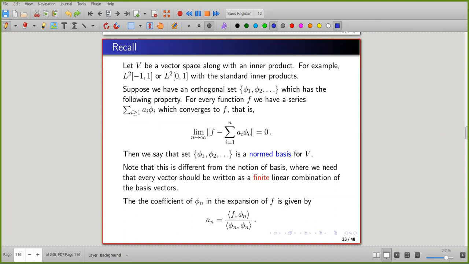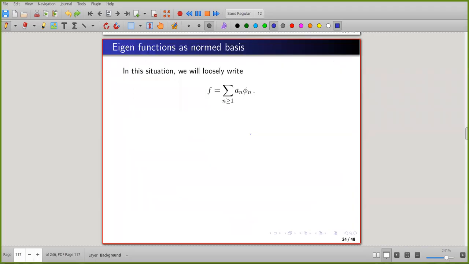The coefficients of phi n in the expansion of f are given by a_n is equal to f comma phi n divided by phi n comma phi n. This is something which we have seen many times. In this situation, we loosely write f is equal to summation n greater than equal to 1, a_n phi_n.